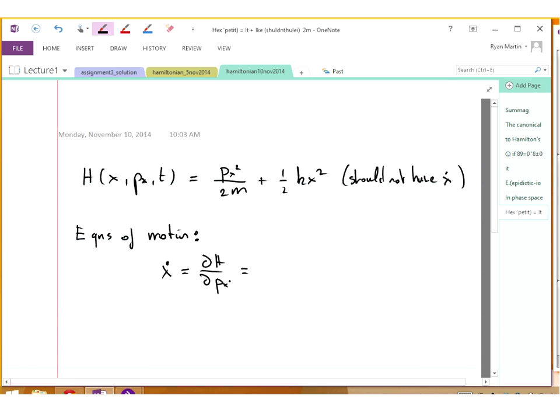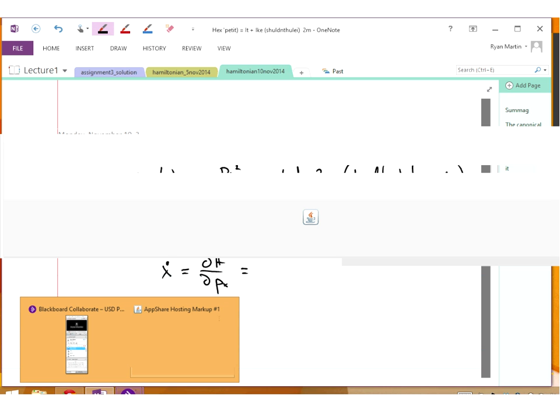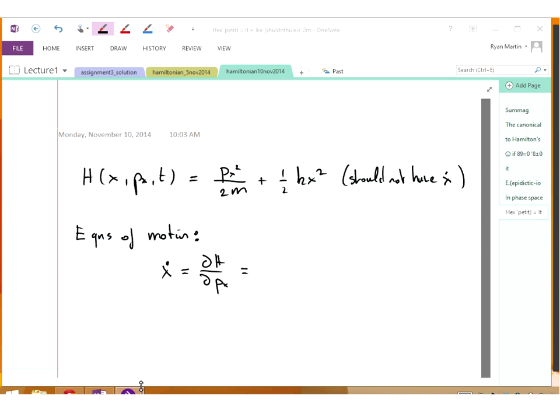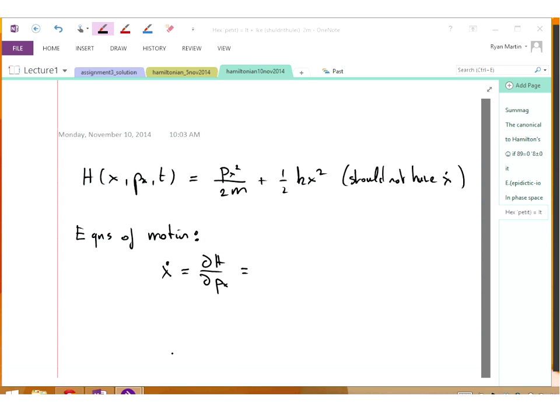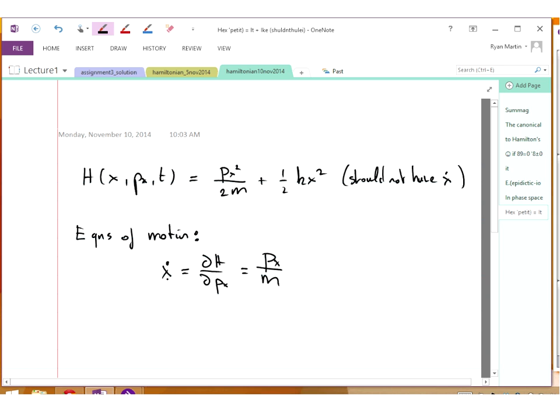If I take the derivative of the H that I have above with respect to Px, I get simply Px over m.